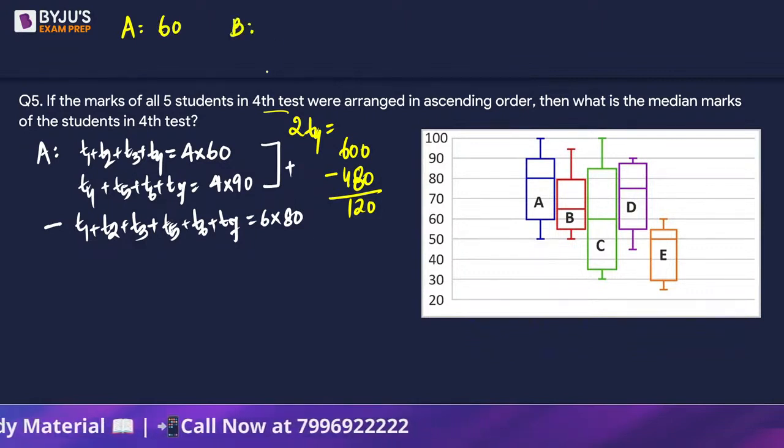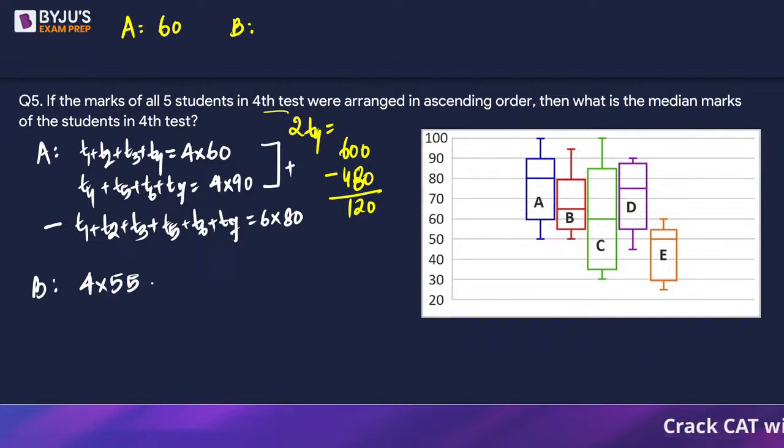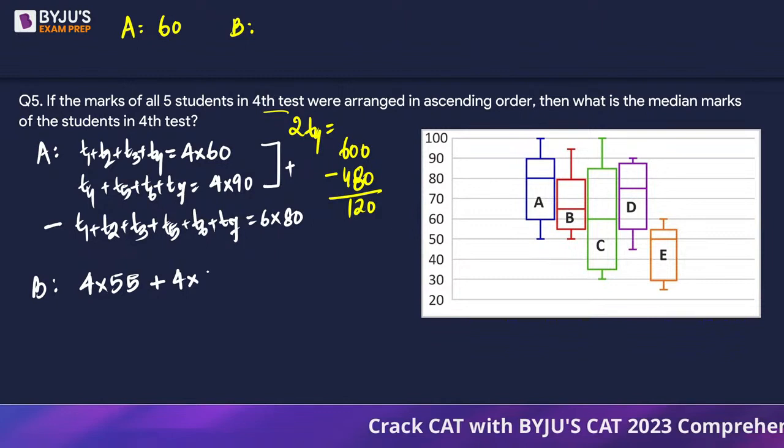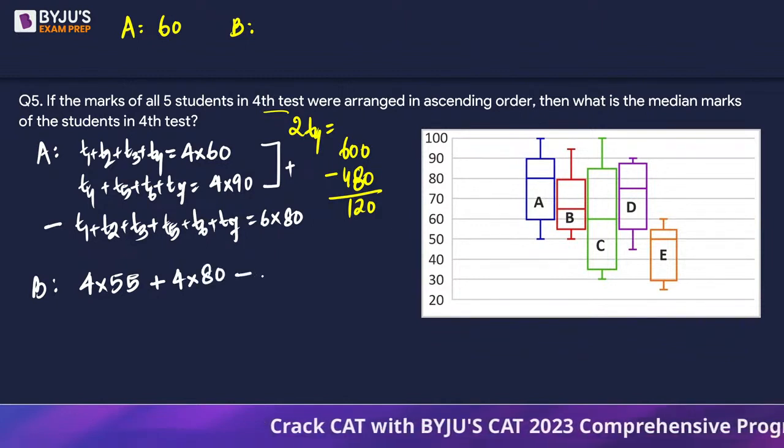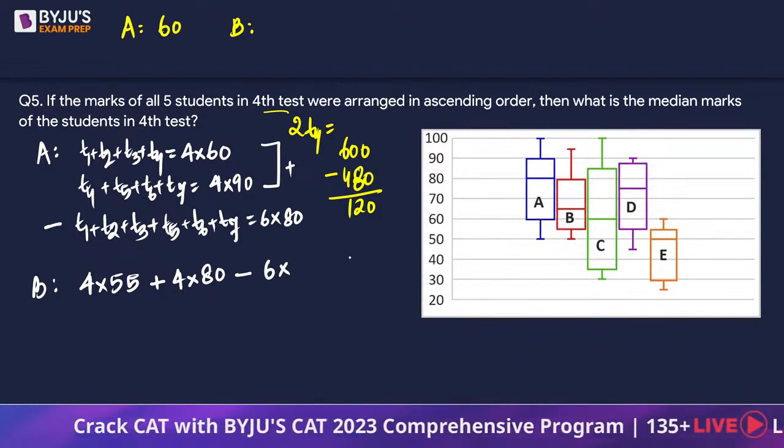Similarly, if I want to solve for B, I shouldn't be writing everything, right? Apan kya karne wale hain? We will be doing 4 into the bottom number, which looks 55, plus 4 times the upper number, which is 80, minus 6 times the middle number, which looks 65.